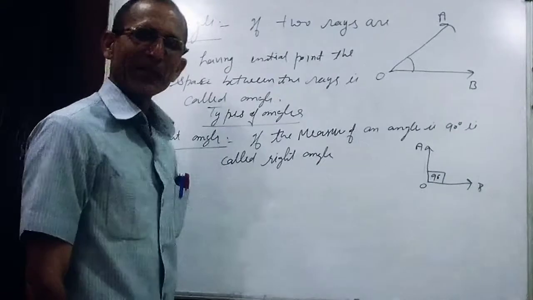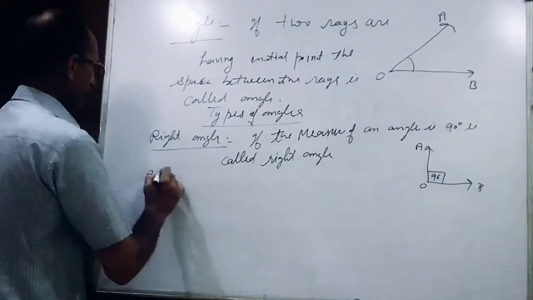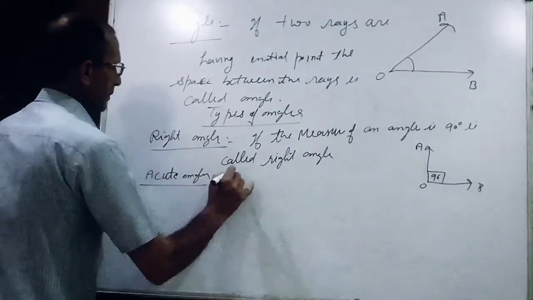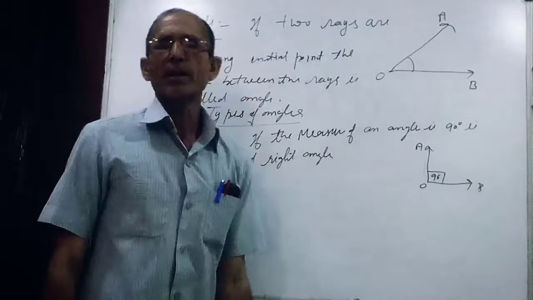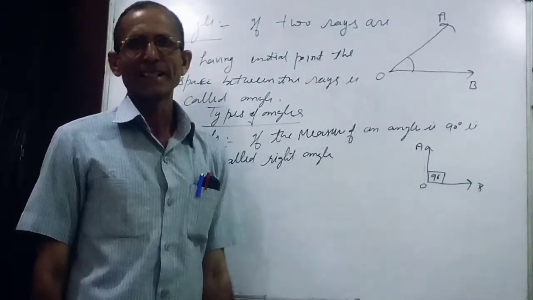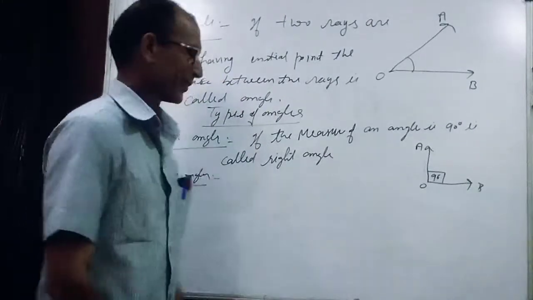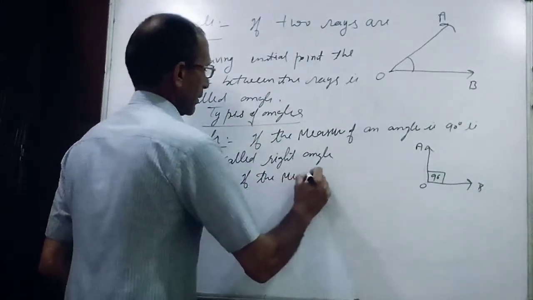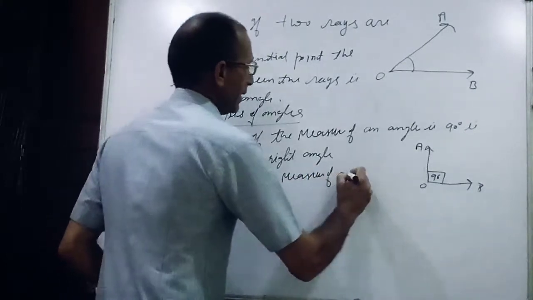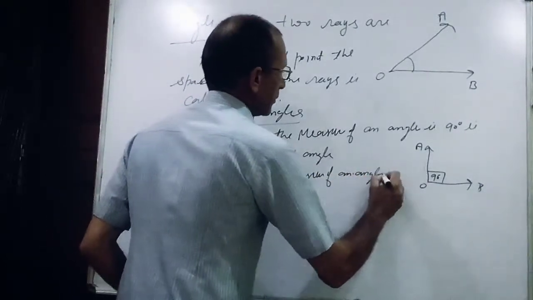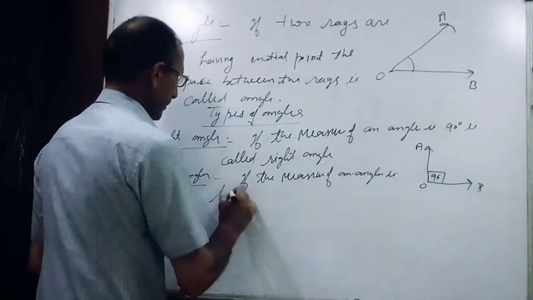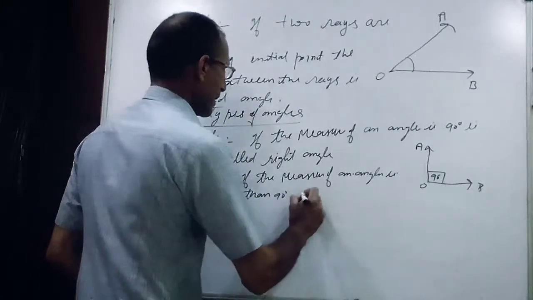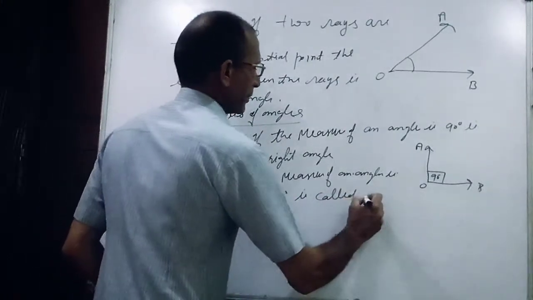Next is the acute angle. If the measure of an angle is less than 90 degrees, it is called an acute angle.